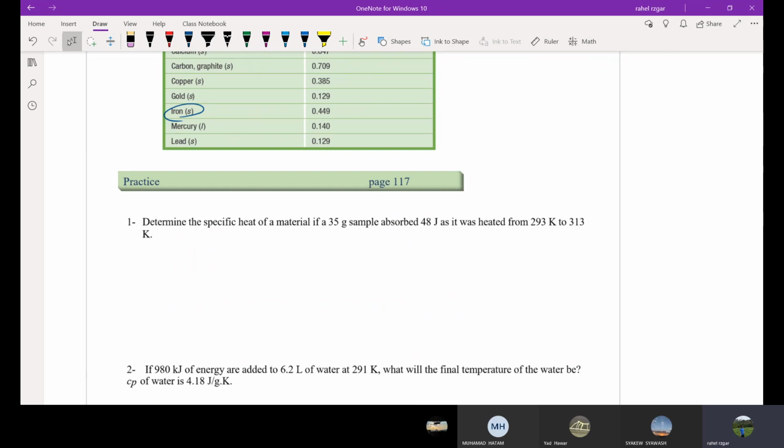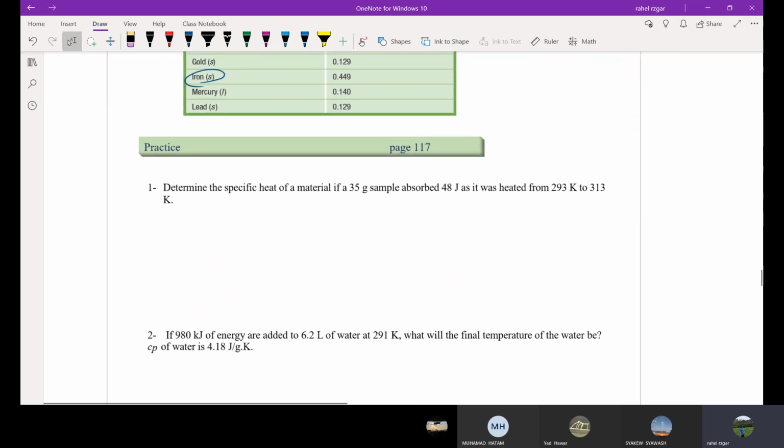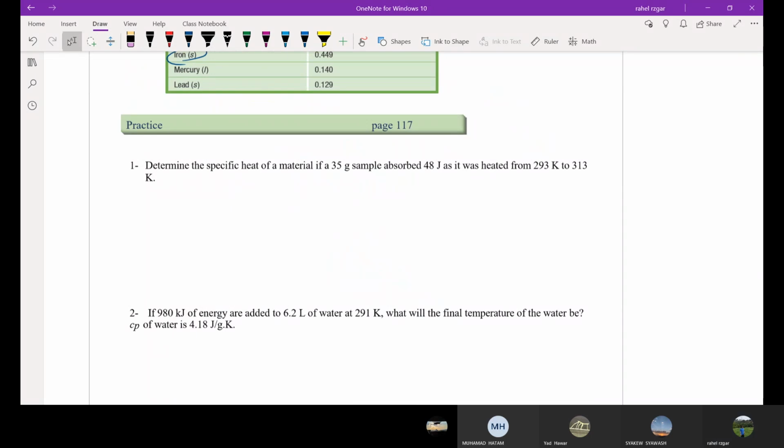All right, now let's start solving questions. Practice 1. Determine the specific heat of a material if 35 grams of sample absorb 48 joule as it was heated from 293 to 313 Kelvin. So mass equals 35 grams.